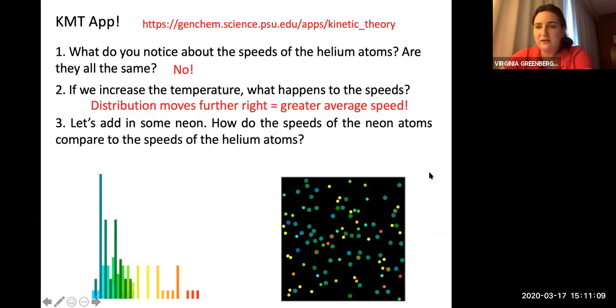They're able to still occupy slow speeds, but also occupy faster speeds. And then when we added in the neon atoms, we were able to see that they moved much more slowly than those smaller helium particles. So we're able to change two things, and we can look at how those change the Boltzmann distributions in the next couple slides.